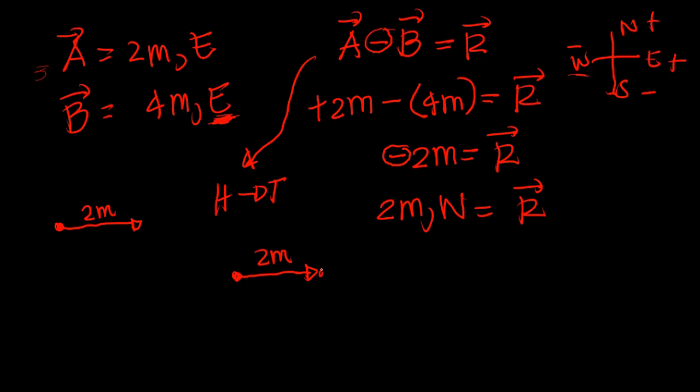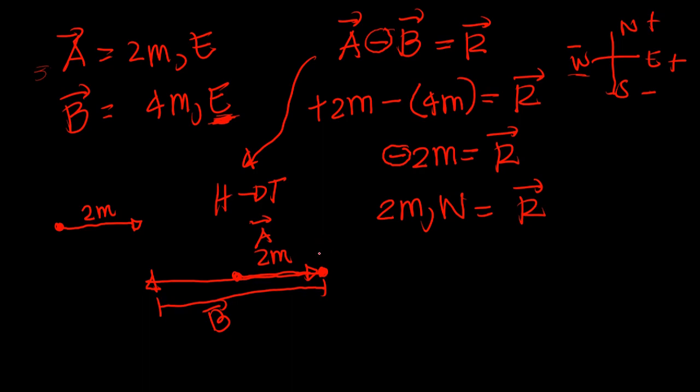So, combine natin yan dito. So, if this is 2 meters, your 4 meters should be 2 times that. Ayun. And this is your vector B. This is your vector A.